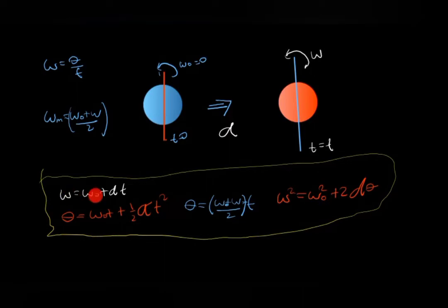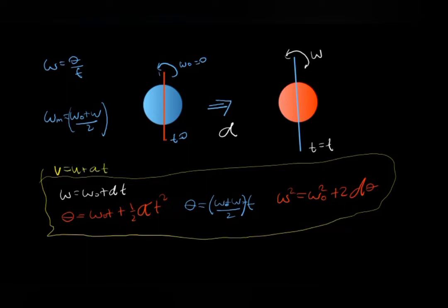Omega equals omega naught plus alpha t. Theta equals omega naught t plus half alpha t square, and the other one, the total angle theta, is omega naught plus omega divided by 2 times t, and omega square equals omega naught square plus 2 alpha theta. If you have any difficulty remembering these, the corresponding linear motion equations are: v equals u plus at.